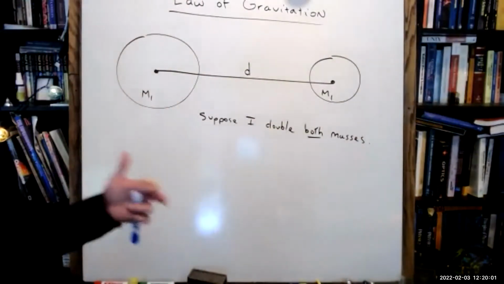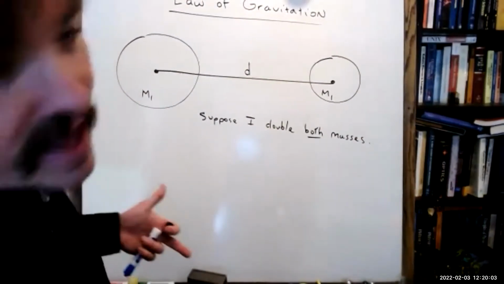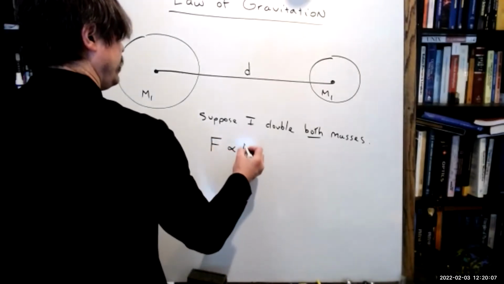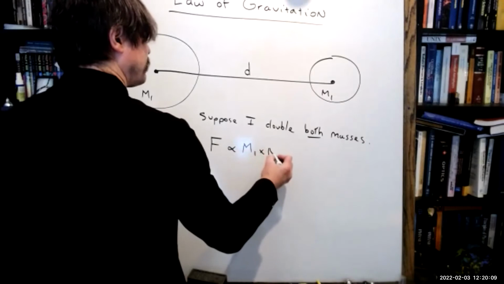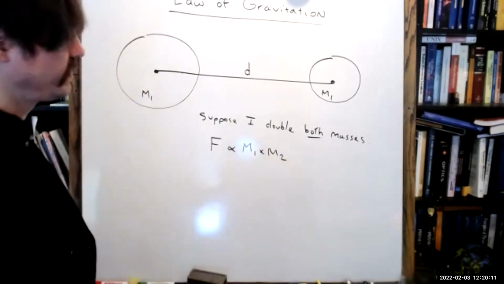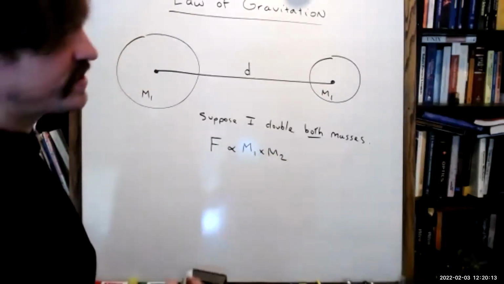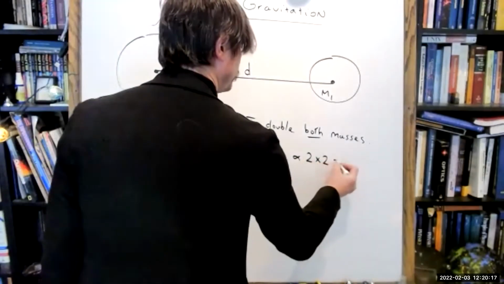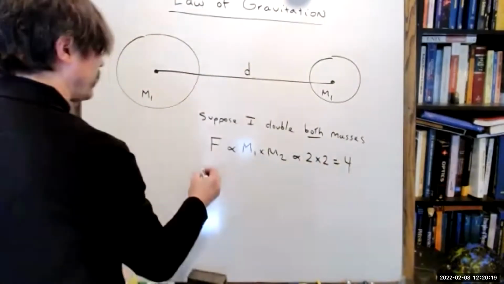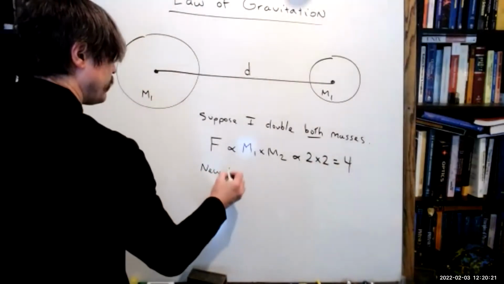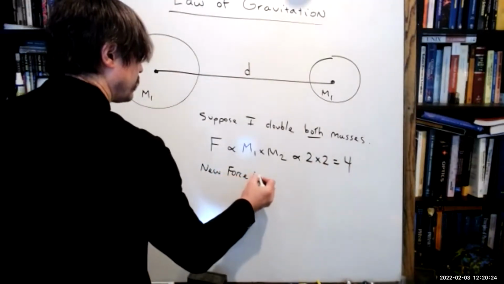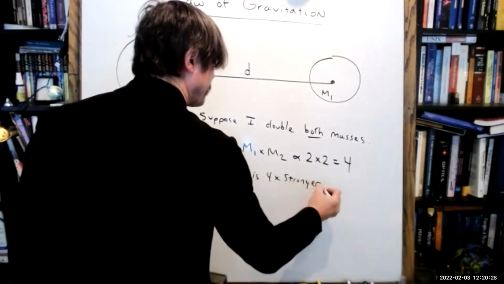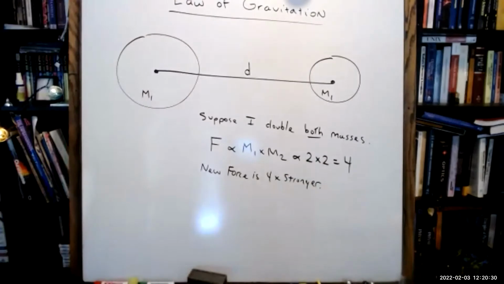In this case, I'm not changing the distance, I'm only changing the mass. So I would write the force of gravity is directly proportional to the product of the masses. And here, each mass is changing by a factor of 2. 2 times 2 equals 4. So the new force is 4 times stronger than the old force was.